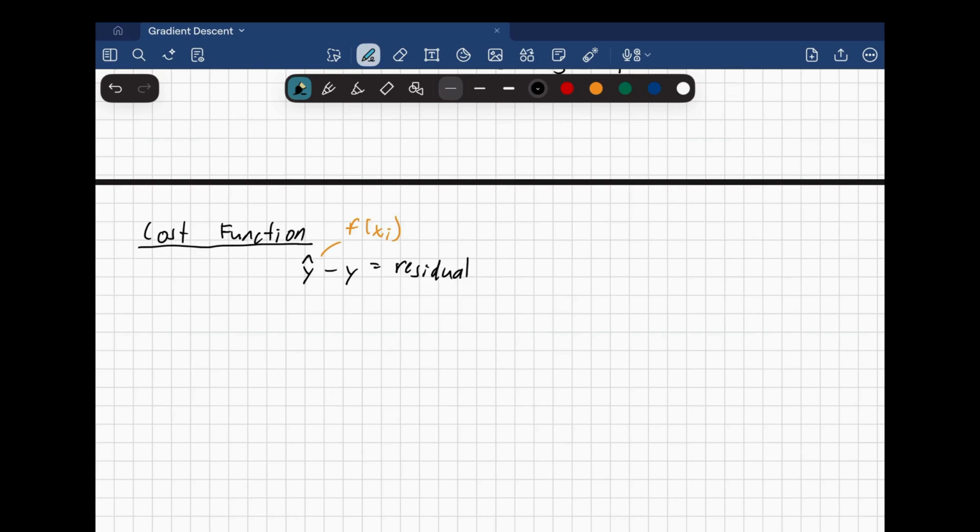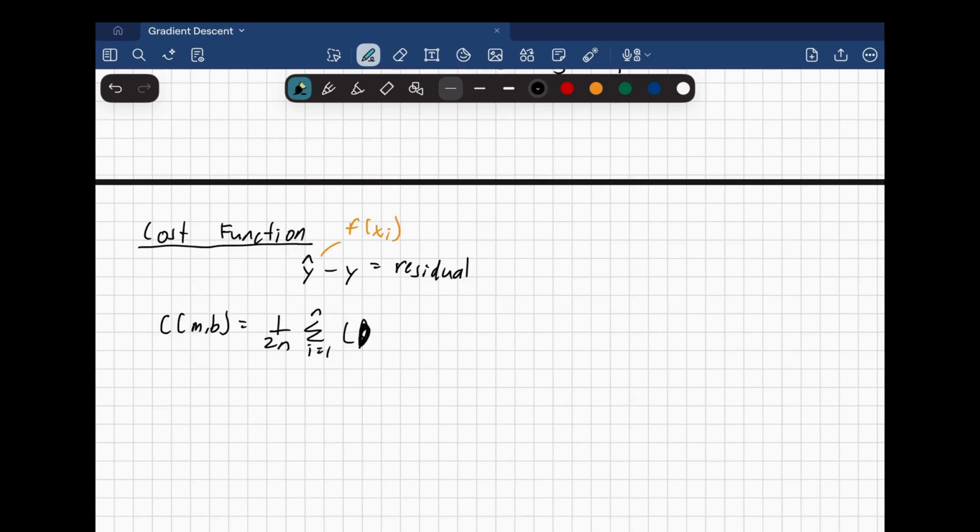Now, the most common cost function for linear regression is the mean squared error, which is c as a function of m and b equal to 1 over 2n multiplied by the sum from i equals 1 to n of the square of the residual.